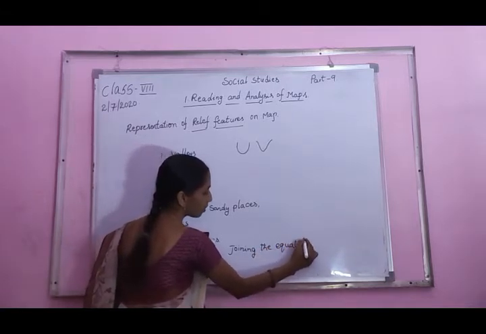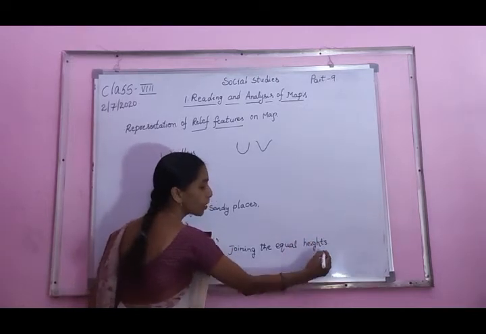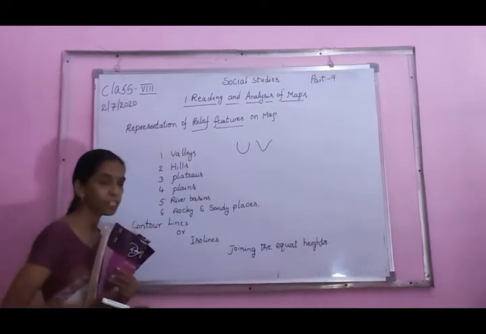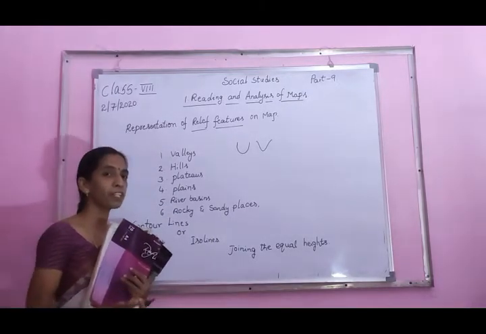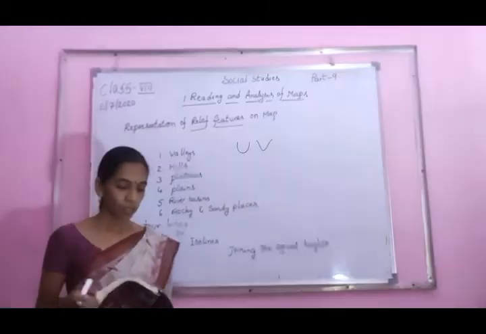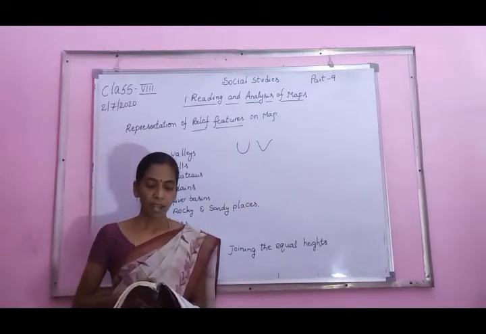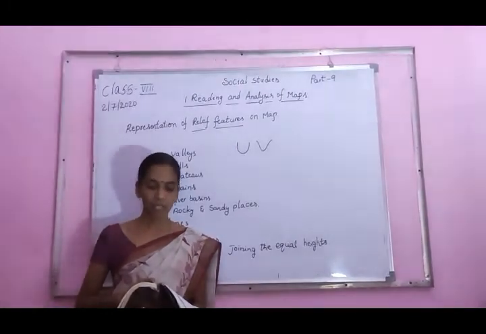Which place do we use to calculate the heights? Sea level. Don't forget. Contour lines on a map join places of the same height measured from the sea level.